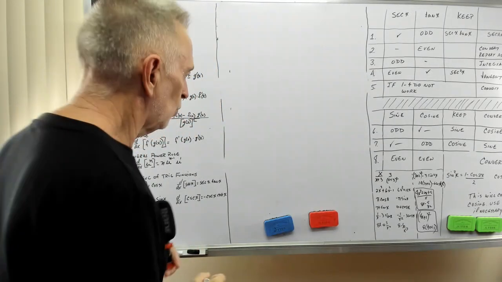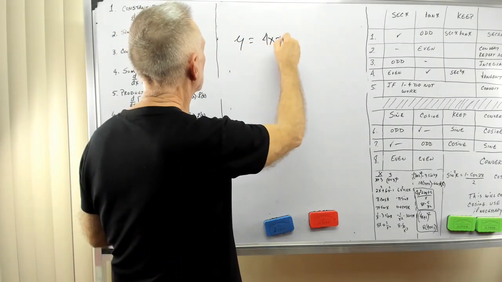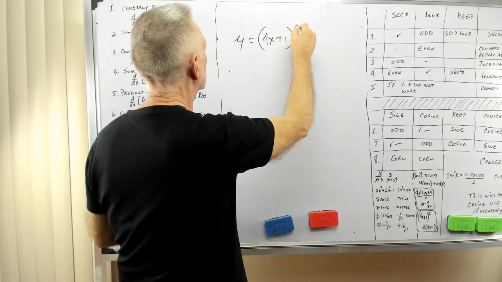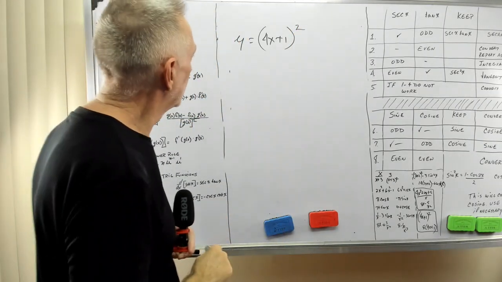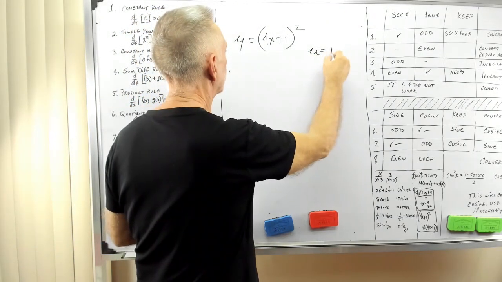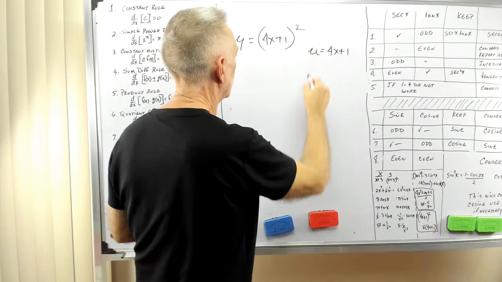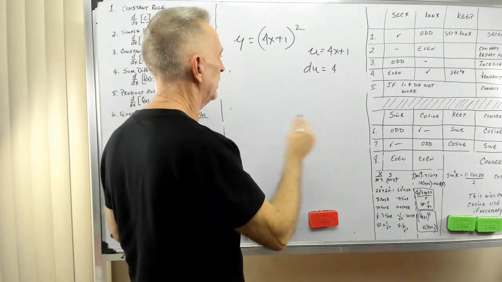All right, let's do one more. Y equals 4x plus 1 squared. And we're trying to take the derivative of that. Well, we could say u equals 4x plus 1. Derivative of u is 4, right? 4 dx.